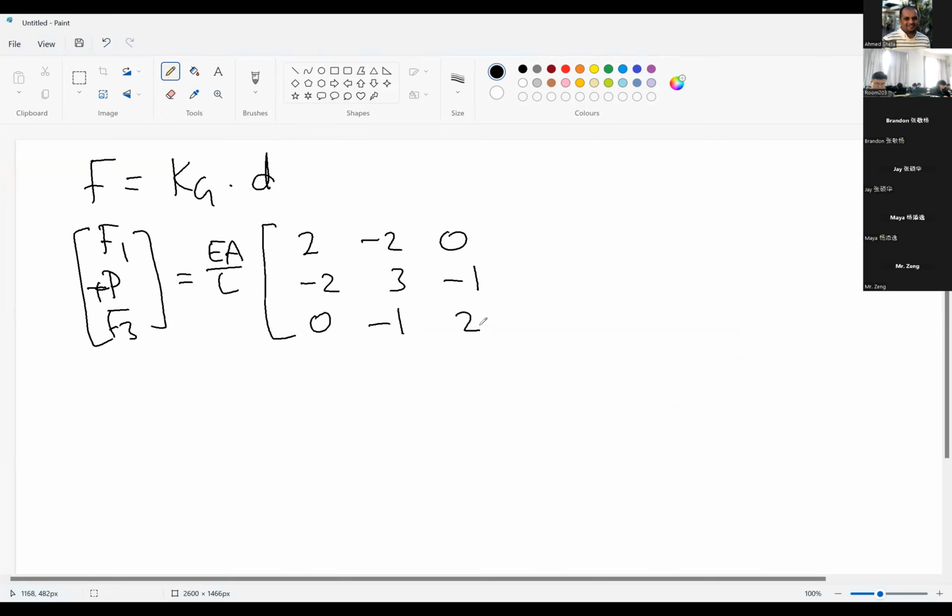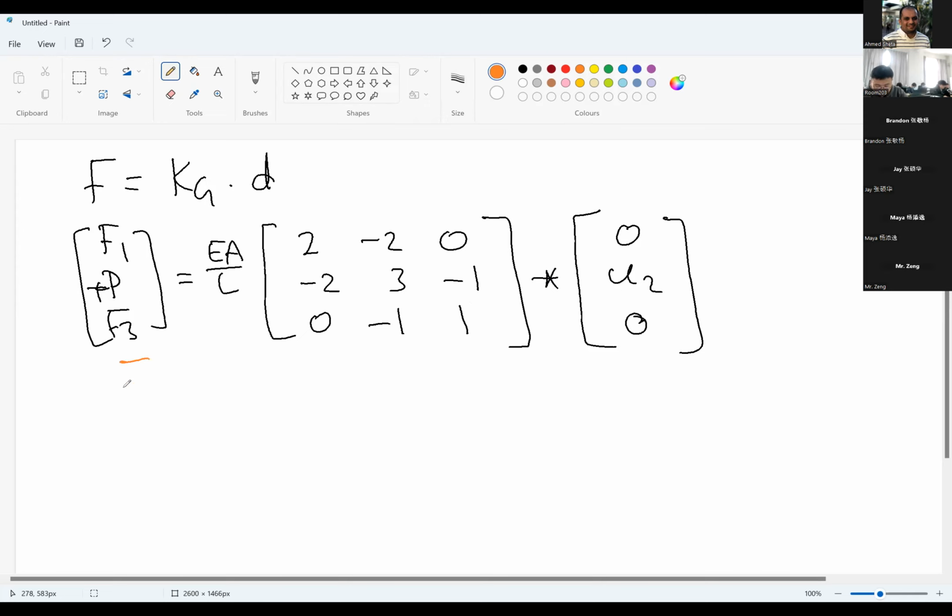Oh, sorry, 1. This times the displacement vector, which is 0, U2, 0. So, is there any problem with this? This is the force vector, this is the global K matrix, this is the displacement vector. What is the unknown we have here? Only U2. So from this equation, we get U2.